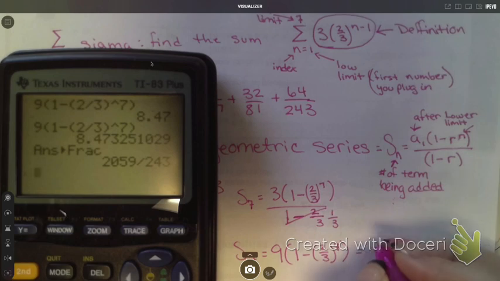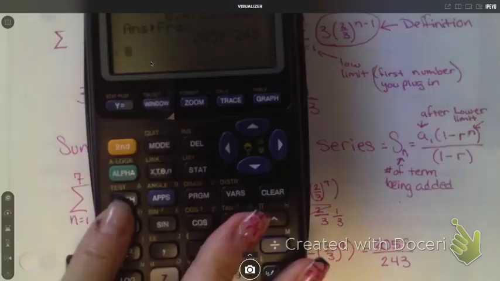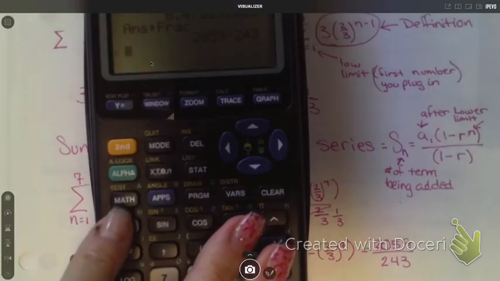So you get 2059 over 243. On your calculator, the first button, math, is right here. And the first button is fraction.